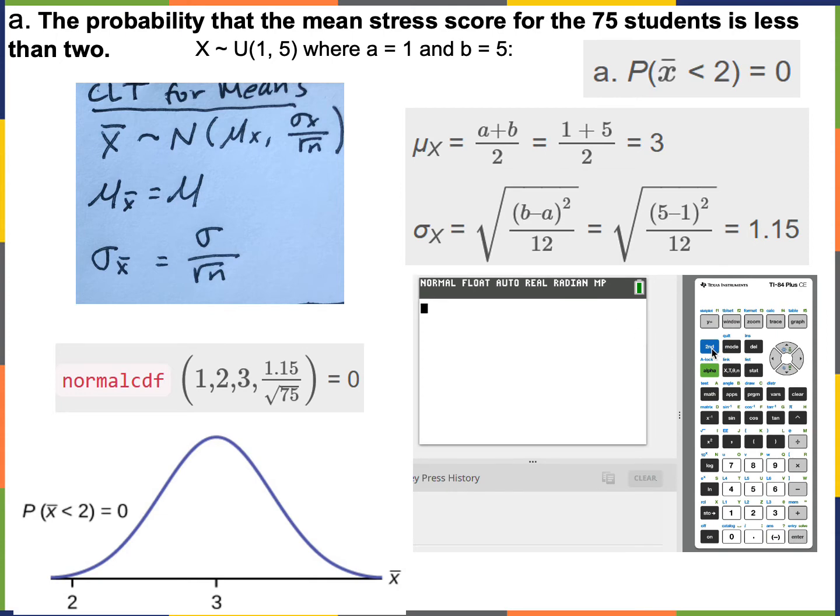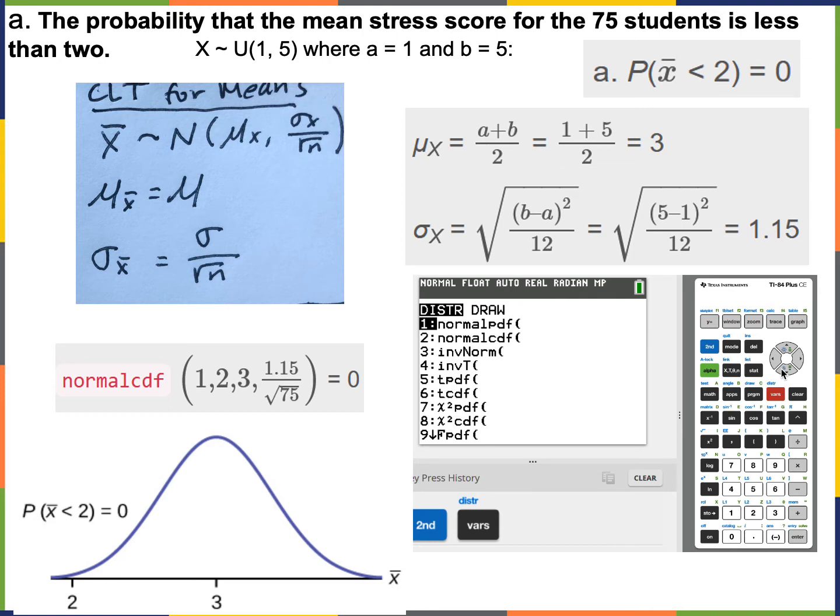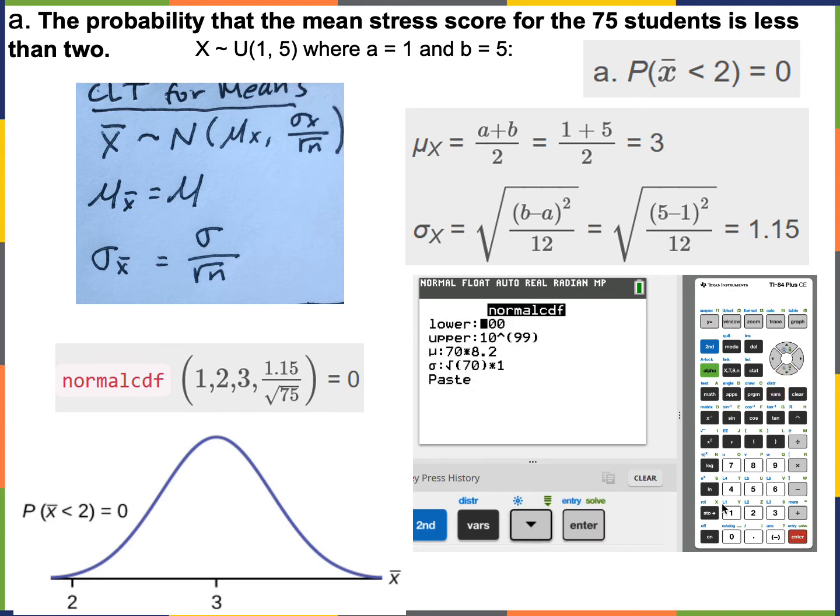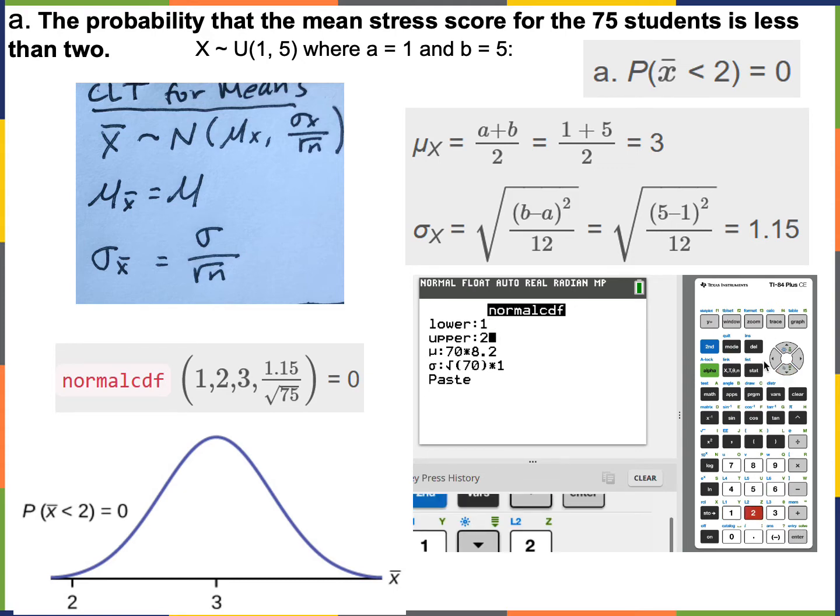Here is how you do it. You hit second, distribution, go to normal CDF, hit enter. Your lower bound is 1. Your upper bound is 2 because we're finding everything up to 2. Our mean is 3.